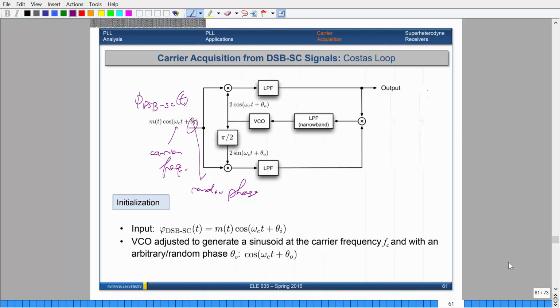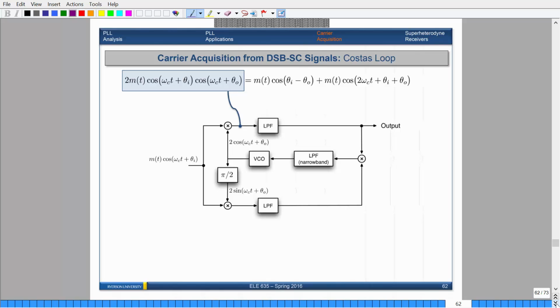Okay? All right, so let's start with this branch here. This is your DSB-SC signal. It's coming in, and then we have two carriers. One is generated by a cosine wave. In this case, you don't need to phase shift. This is not a phase lock loop anymore.